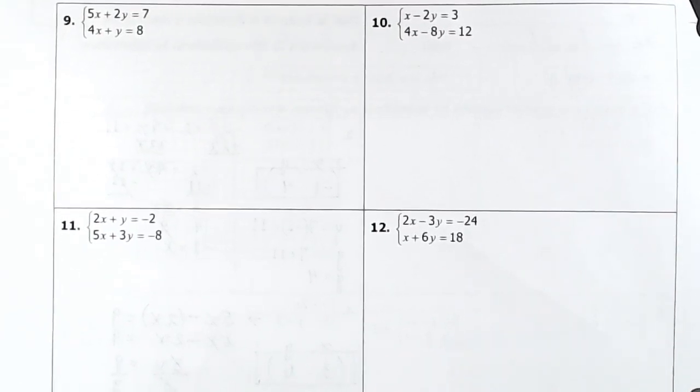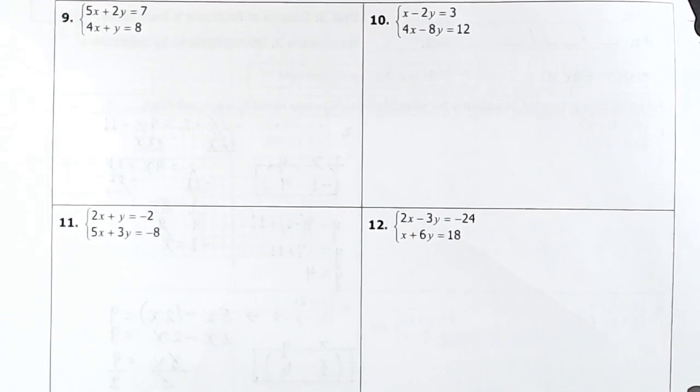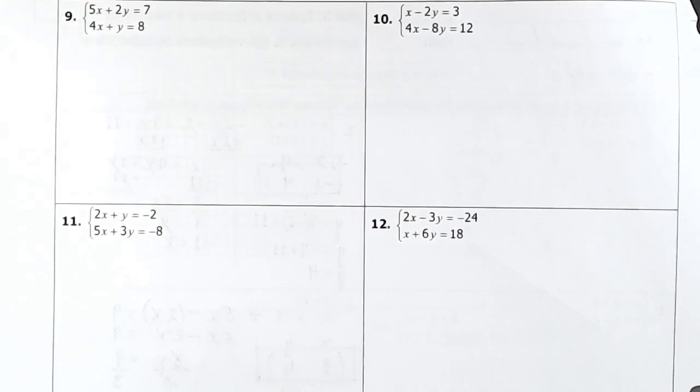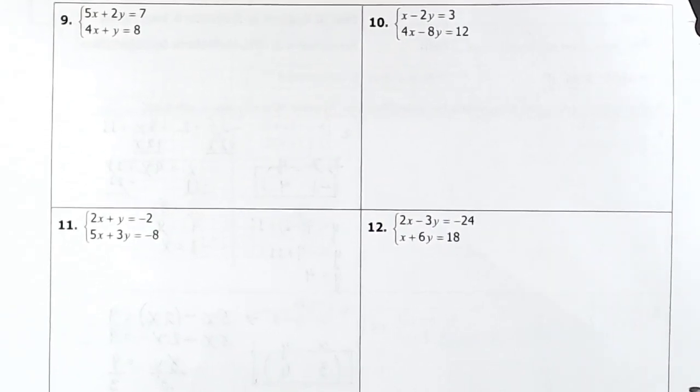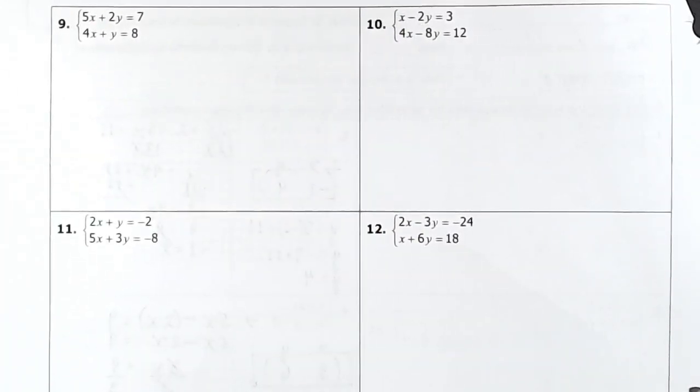Number 10. Remember, the first step to solving systems of equations with substitution is to get one of the equations solved for one of the variables. That's step one. It can be either x or y. We don't have that situation in either of our equations right now. In neither equation is x or y all by itself on one side of the equal sign.